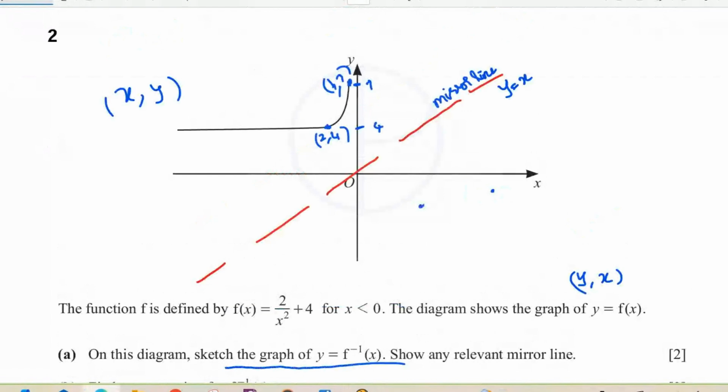Somewhere here, and this will be minus 12 comma 4. So you will get a curve something like this.